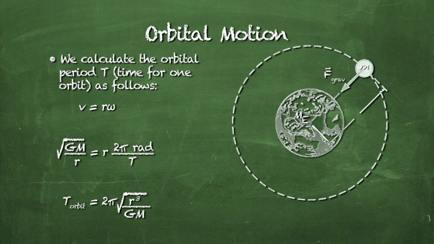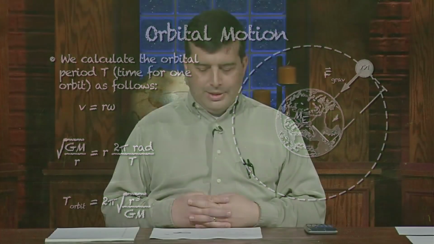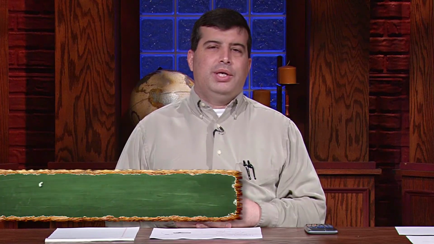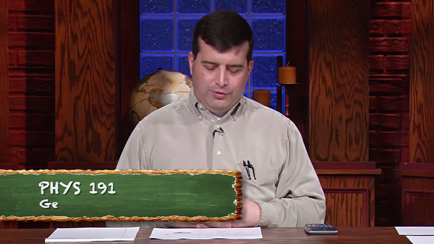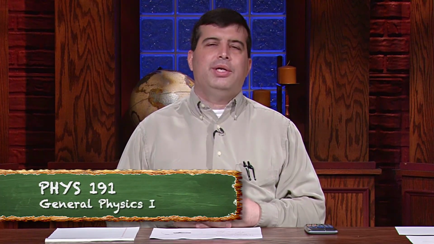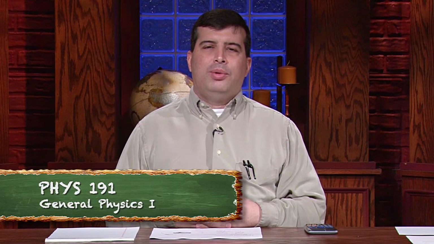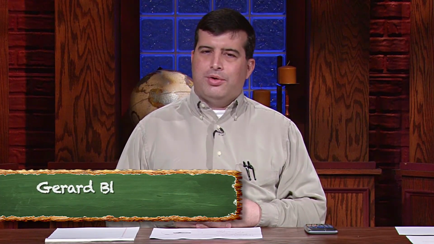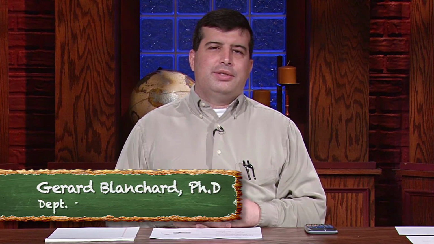And you can also see that the further out you go, the bigger r is, the longer the orbit will be. And at some point, you will get an orbit that's exactly 24 hours in period, and so it will orbit the Earth at the same rate as the Earth rotates, and that satellite will stay directly above one point on the Earth, and those are called geostationary satellites.